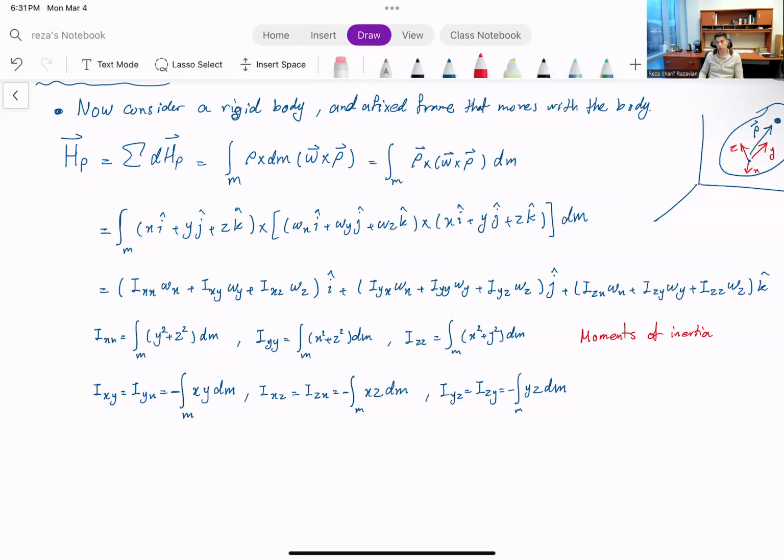And these ones, which are equally important as the moments of inertia, are called products of inertia.